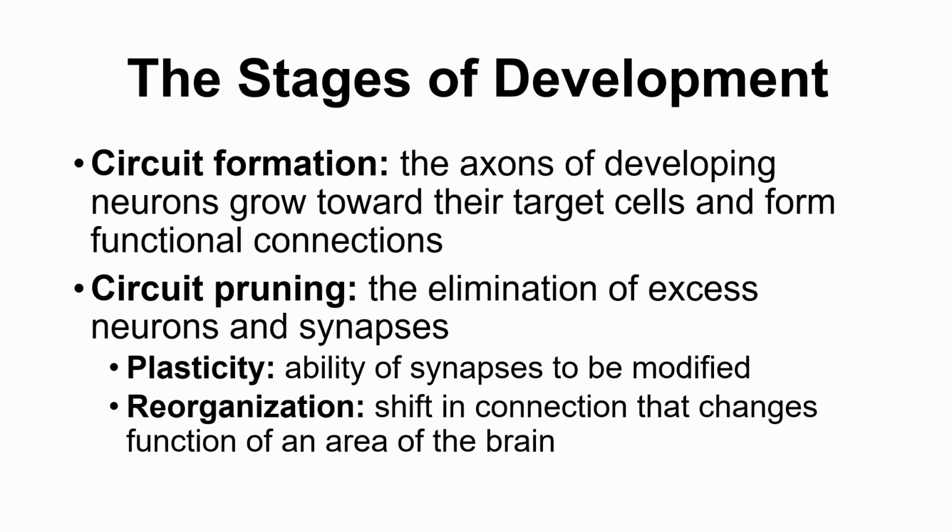And this is when we form connections or make circuits of our neurons. So the axons of those developing neurons start growing towards the places that they need to connect to. And this is a really cool process. So these sort of proto-neurons will develop growth cones, which are basically little protrusions at the end of their axons, and they'll sample the environment looking for directional cues.